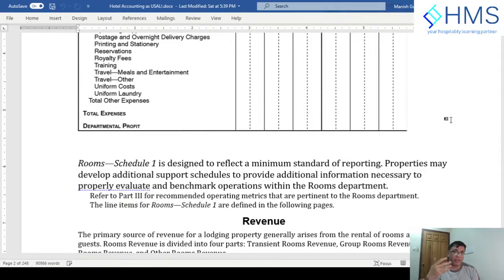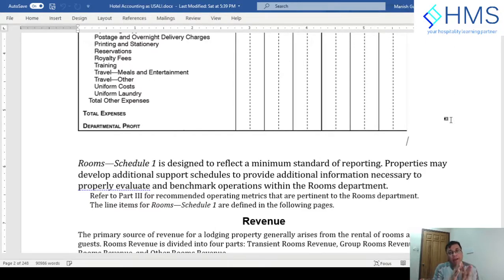Usually the hotels have additional statistics after this. It's not up to this only. You will have ADR, RevPAR, and per occupied room cost separately. So the structure of the P&L may be slightly different from hotel to hotel, group to group, chain to chain. However, the essential information will remain the same.